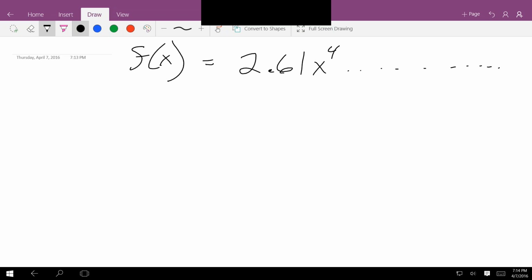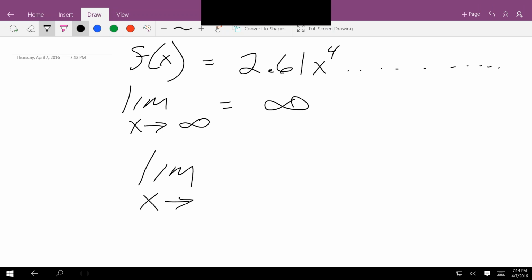So if I want the limit of this thing as x goes to positive infinity, all the way to the right, what is it going to be? Positive infinity. And if I want the limit of that function as x goes to negative infinity, all the way to the left, what is it? Positive infinity. Yep.